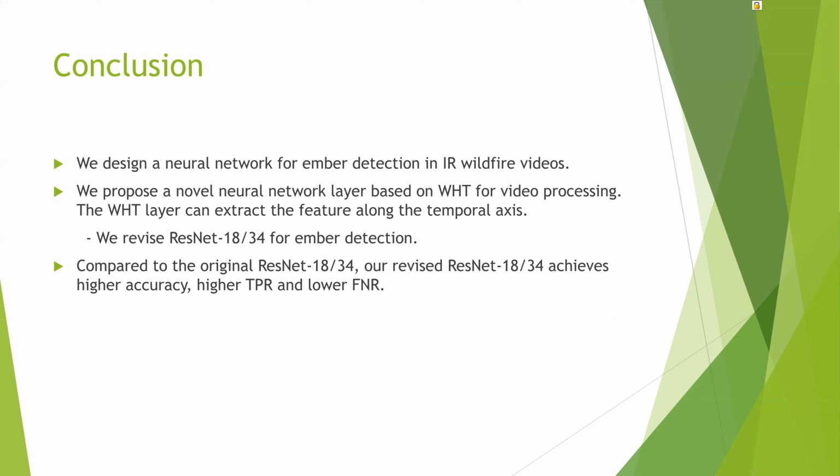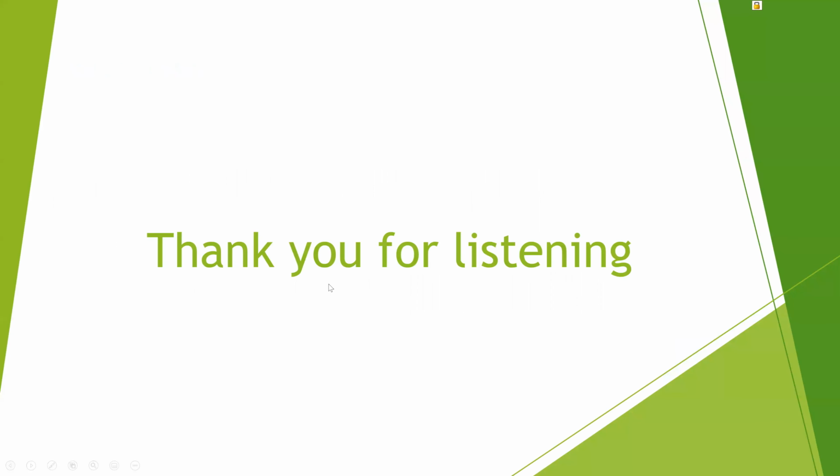Compared to the original ResNet 18 and 34, our revised networks achieve higher accuracy respectively, and a higher true positive rate and lower false negative rate. So that's all for today. Thank you for listening.